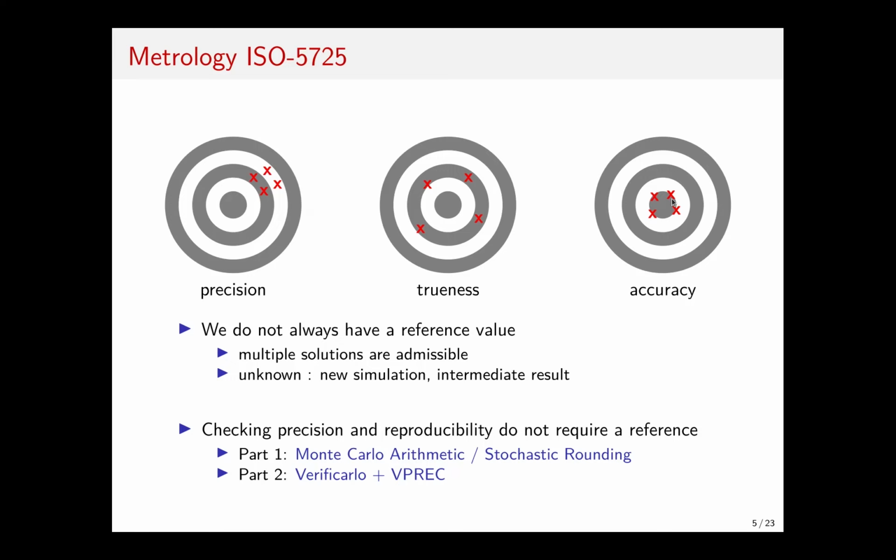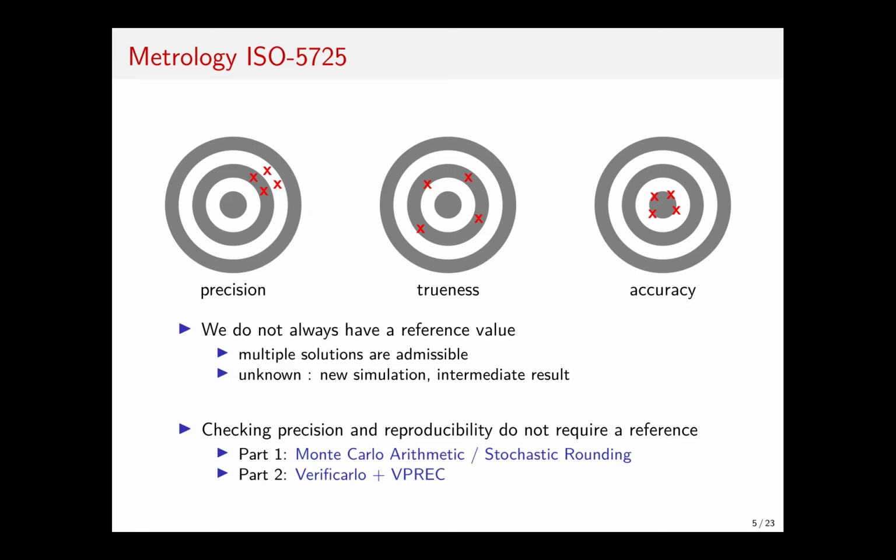Usually accuracy, you can measure it directly just by taking your result and comparing it to a reference value. The problem is many times we don't have a reference value. For some problems, physical problems, we have multiple solutions that are admissible. And in other situations, the reference value is unknown. Maybe it's a new simulation for which we don't have a ground truth.